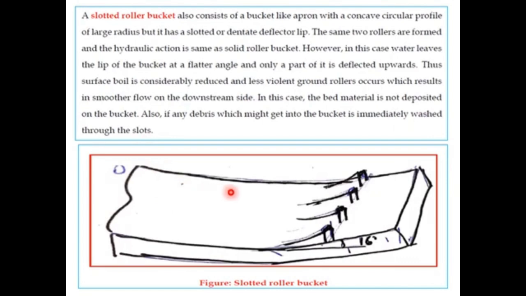So therefore we have gone for a slotted roller bucket, which consists of a bucket-like apron again with a concave circular profile, but of a large radius, and has a slotted or dentated deflector lip.